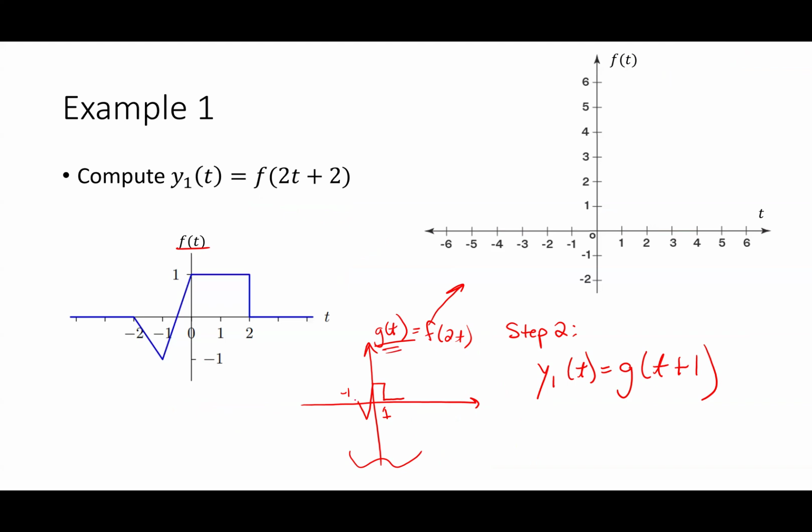So the picture that I drew right here, I said this guy's starting at -1, he's ending at 1. So where is the final function? This is y1 of t, which is equal to g of t plus 1, which is the signal I desired. Not very exciting stuff.